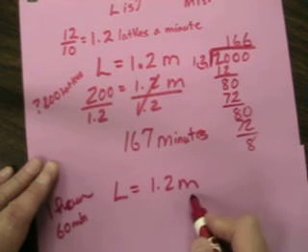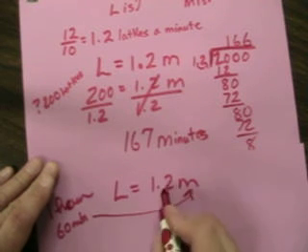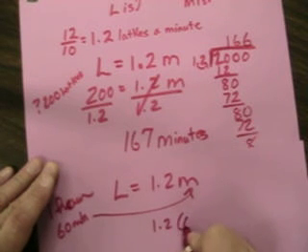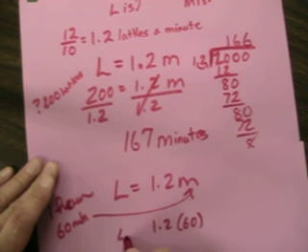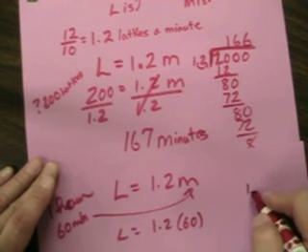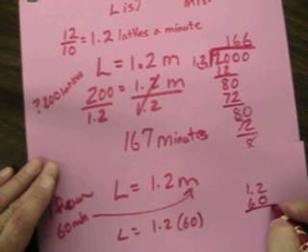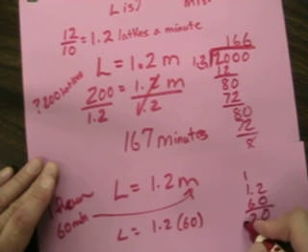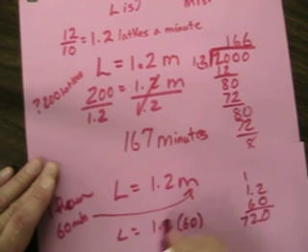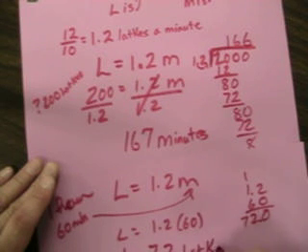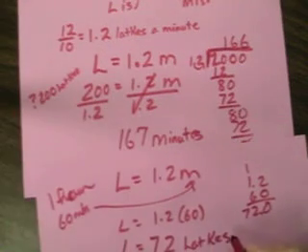So all I have to do is put 60 right there. 1.2 times 60. That's one of the advantages of using a unit rate. And see, 1.2 times 60 will give me 72. That's also confirmed another way.